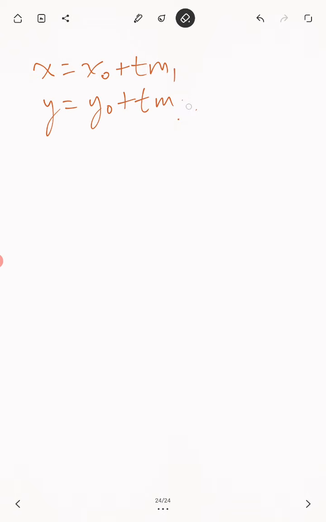We're going to take the first component of vector r and make it equal to the first component of vector r naught plus t times the first component of the direction vector. And then we'll do the same for y. So these equations here are known as the parametric equations of a line in two space.